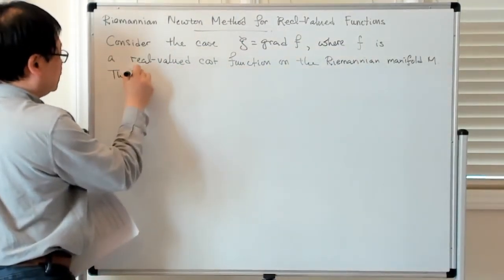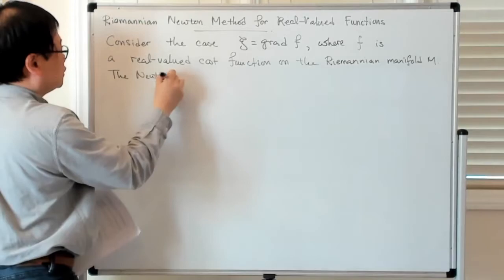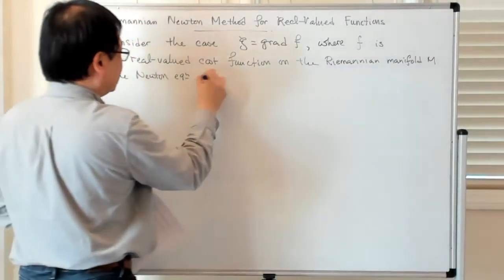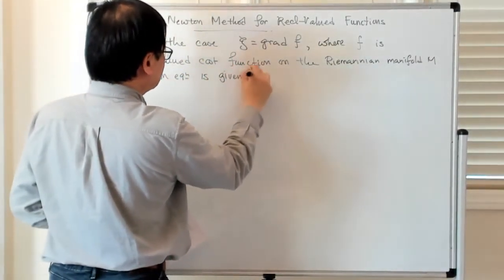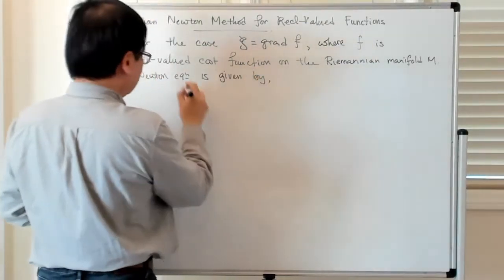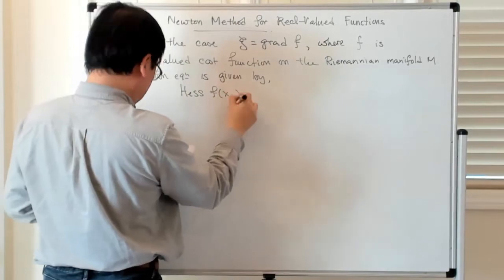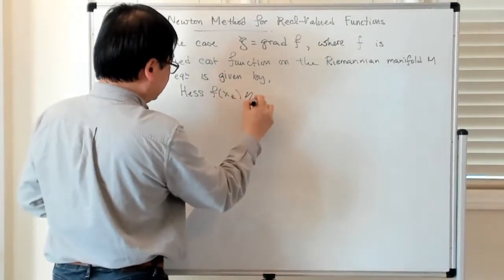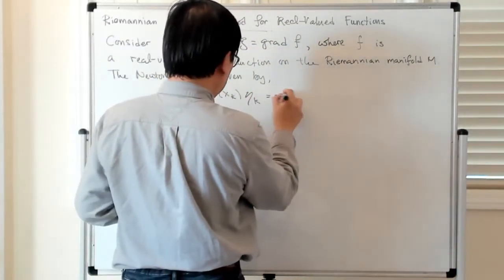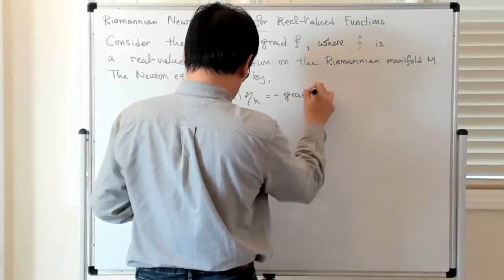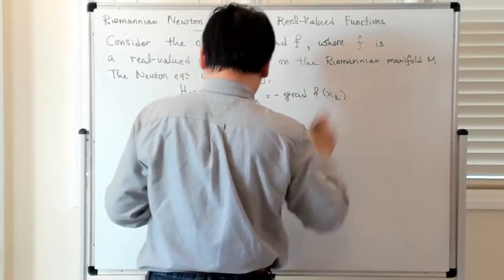So the Newton equation is given by the following. So the Hessian of f of xk times eta k is equal to minus the gradient of f at xk.